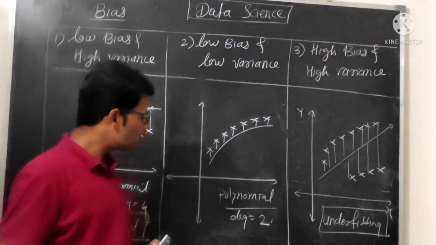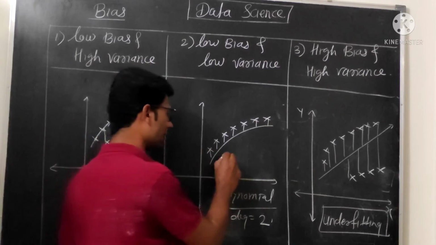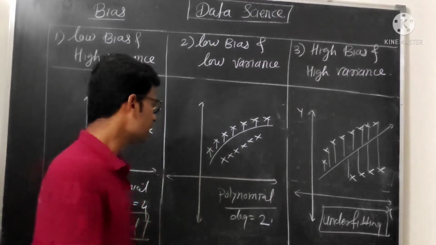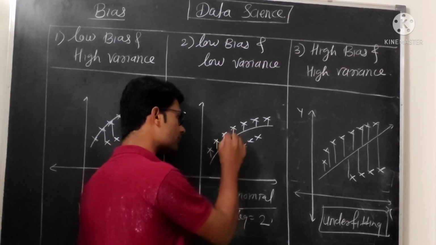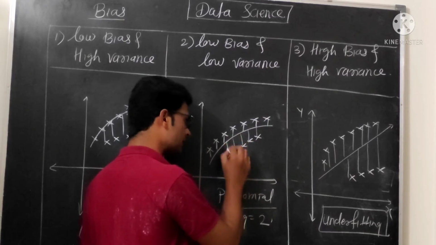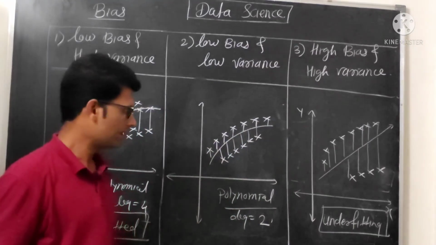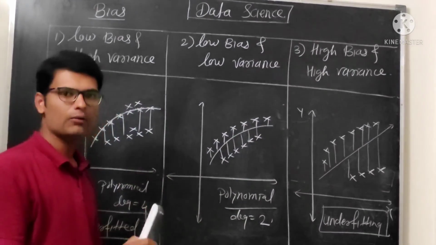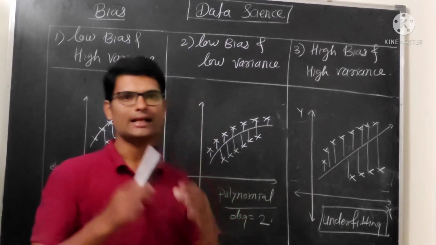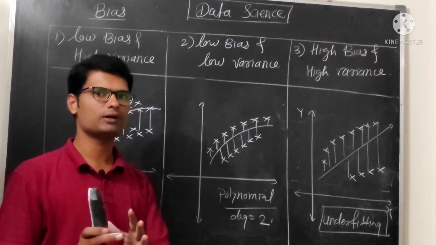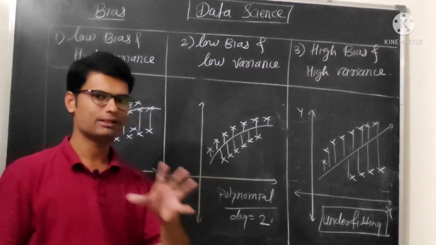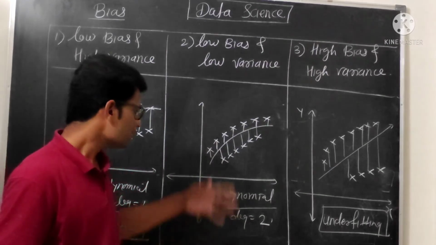Now suppose we have the same training data, and I plot the testing data here. Then we can say that for the training data I have low bias, and for the testing data I also have low variance. In data science we are searching for such a model, which gives low bias and low variance for the given data.